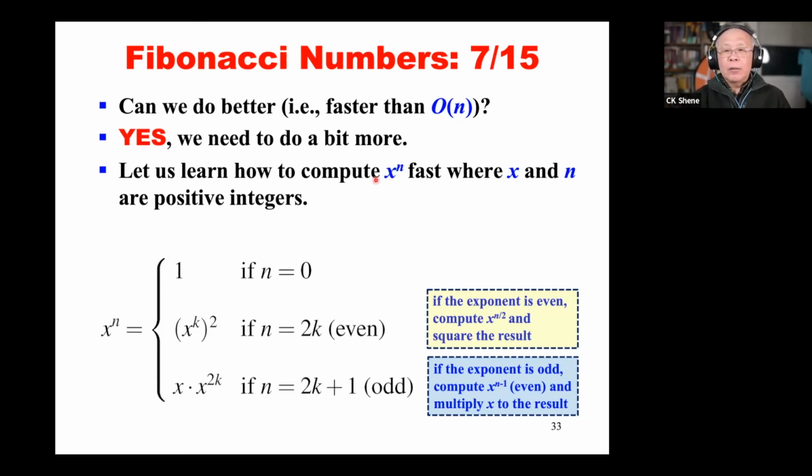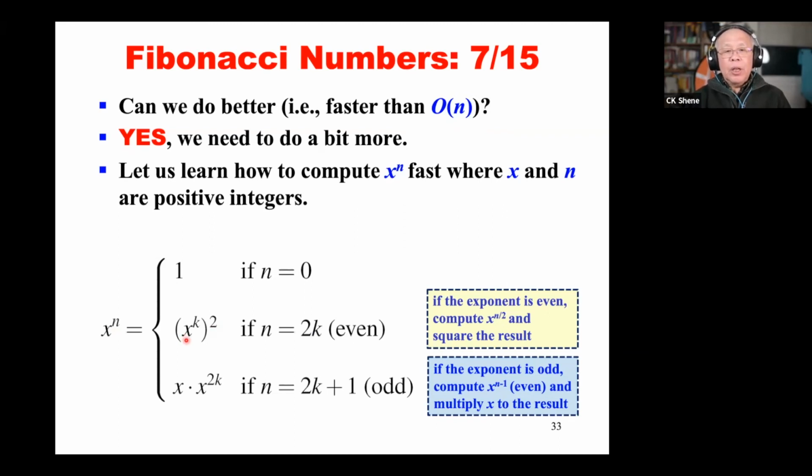Now let's think about this. Look at this x to the n. If n is 0, the value of x raised to the nth power is 1. If n is even, let's say n is equal to 2k. So x raised to the nth power is equal to the square of x raised to the kth power, right?